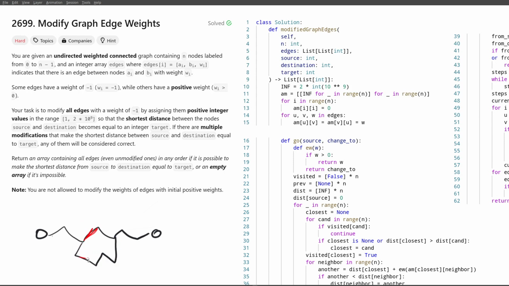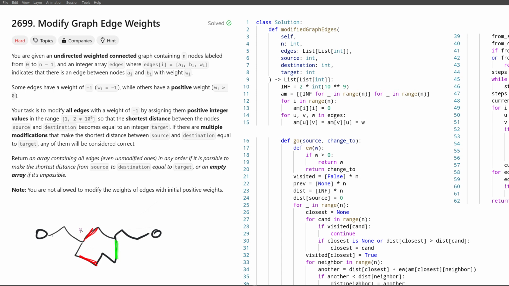And maybe now we have control over this, or over this. So it might be that after changing an edge, some other path becomes the shortest path. But of course that other shortest path still has length less than target. So we can keep doing that. And it's easy to see that if we keep doing that, then every edge that we have control over will be touched at most once.